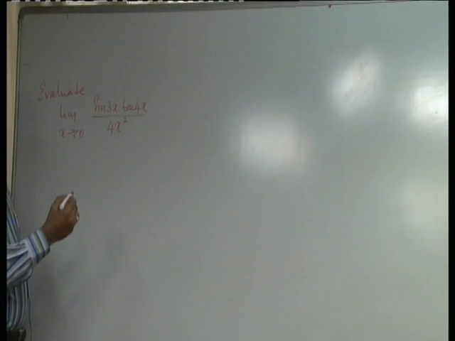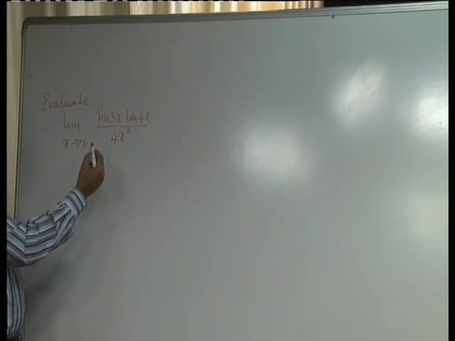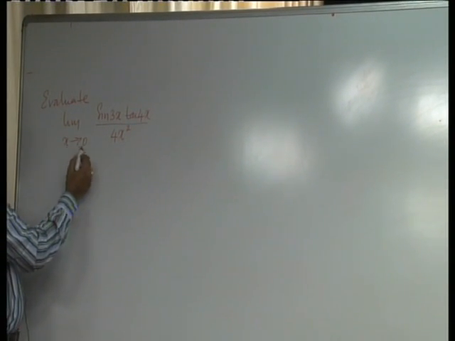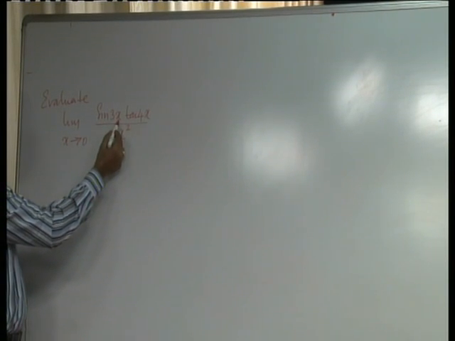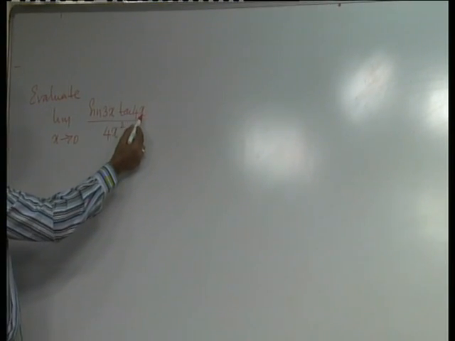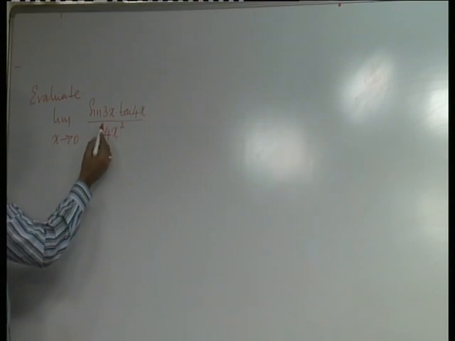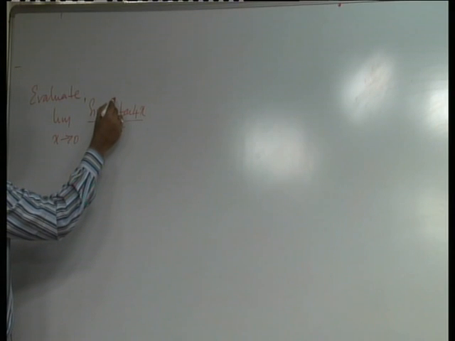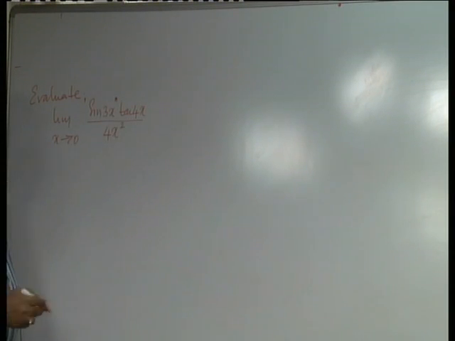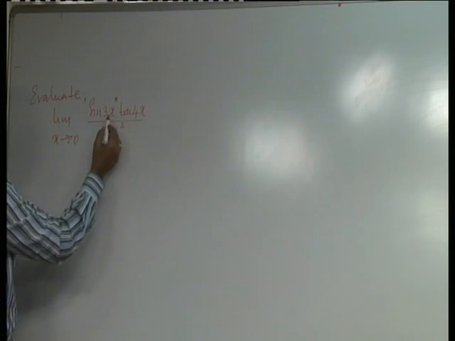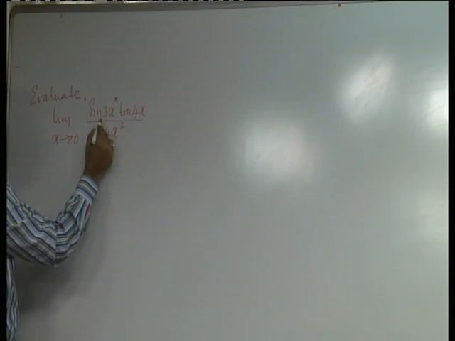When you look at the problem, we have limit as x tends to 0 sin 3x into tan 4x all divided by 4x square. To make this sin 3x into a standard form, we need 3x at the denominator.